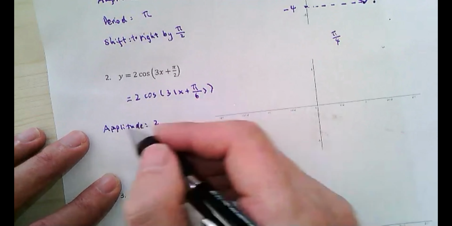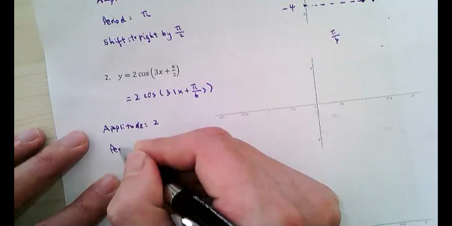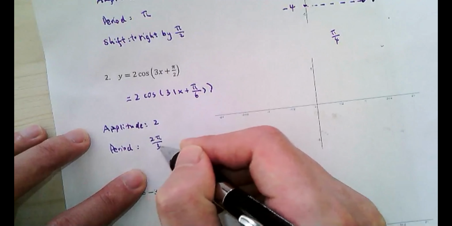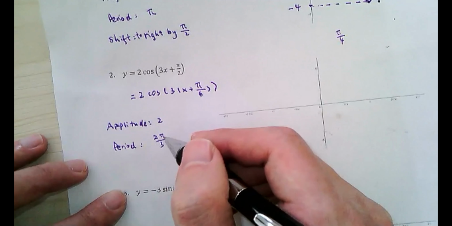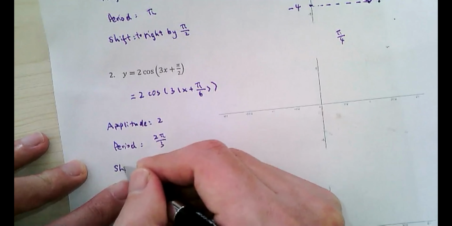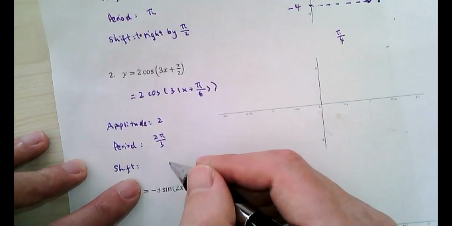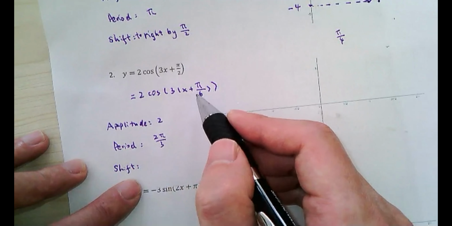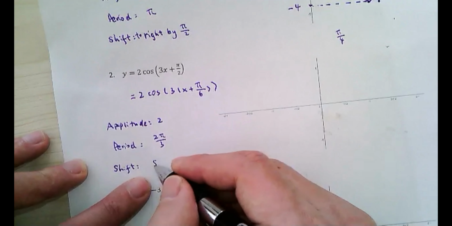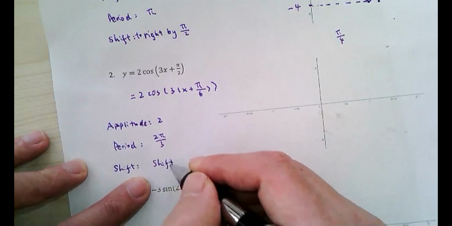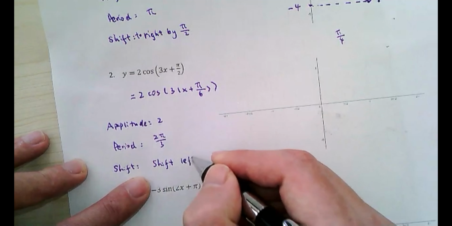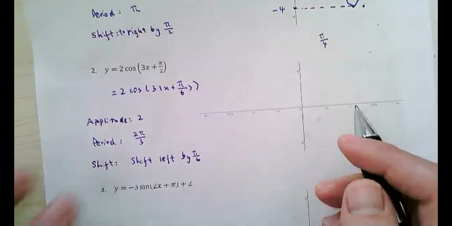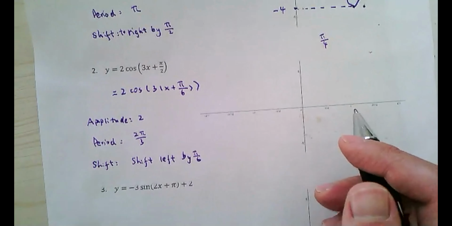Omega is 3, which means the period equals 2 pi over 3. Shift, how does that work? We have plus pi over 6, okay, plus. So shift to the left by pi over 6.